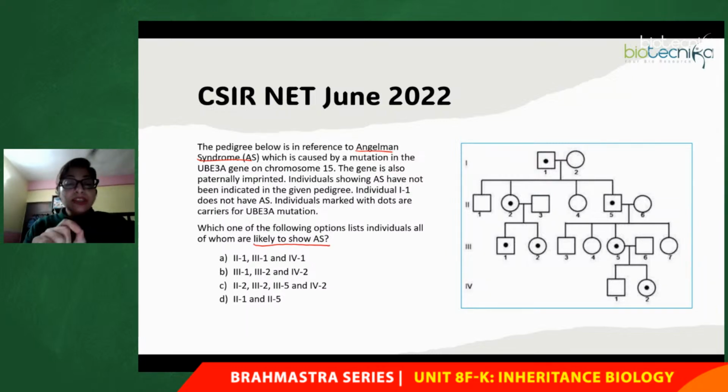For this, you have to understand that Angelman syndrome and Prader-Willi syndrome both happen because of mutation in the same region of chromosome number 15. Along with causing these two different syndromes, these segments are also parentally imprinted.